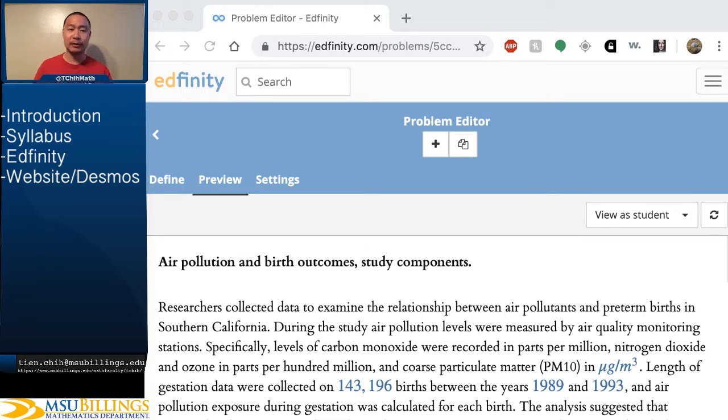So numerical variables are basically things you can measure with numbers. So like age, weight, SAT scores, things like that. They come with a number. And then categorical variables are things that come in categories rather than with numerical delineation.